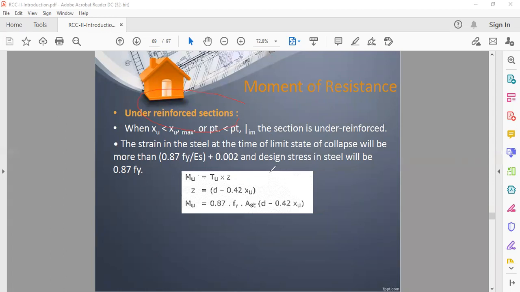And in the under reinforced section only, you get the moment of resistance Mu equals Tu into Z. The value of Tu is 0.87 fy Ast, while the value of Z is d minus 0.42 Xu. So that is the under reinforced section.